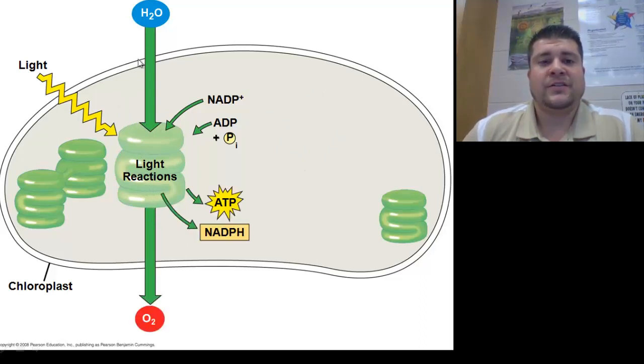That water splitting is going to create hydrogen ions to move to NADPH instead of NADP+, and then we're going to get a phosphate to add to ADP. So adenosine diphosphate plus one phosphate will be adenosine triphosphate. And we'll have oxygen leaving there, which we breathe in.